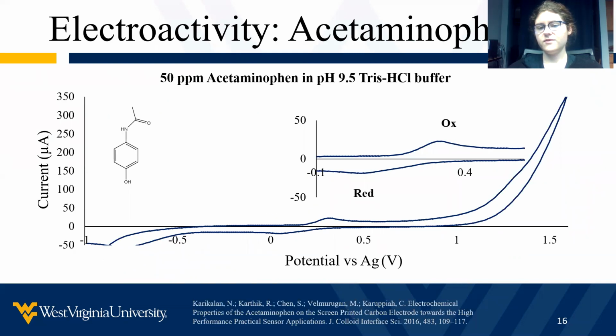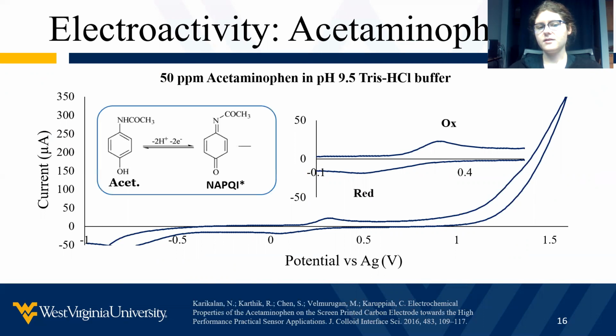And then acetaminophen actually had both an oxidation and a reduction peak consistent with some type of reversible or semi-reversible reaction. And in fact, the electrochemistry of acetaminophen is well studied, and previous literature has proposed that the mechanism for acetaminophen is that it can be oxidized into a compound called NAPQI, which can then be reduced back into acetaminophen.